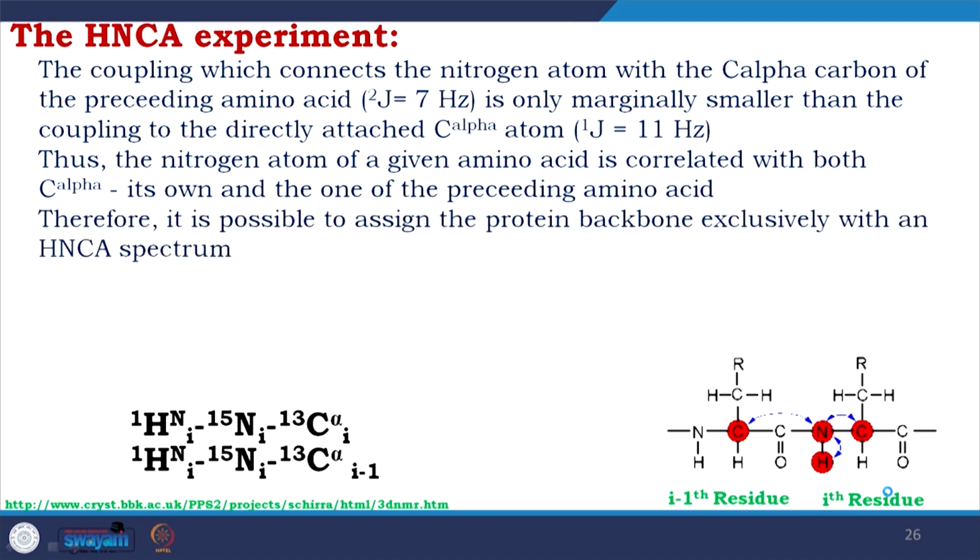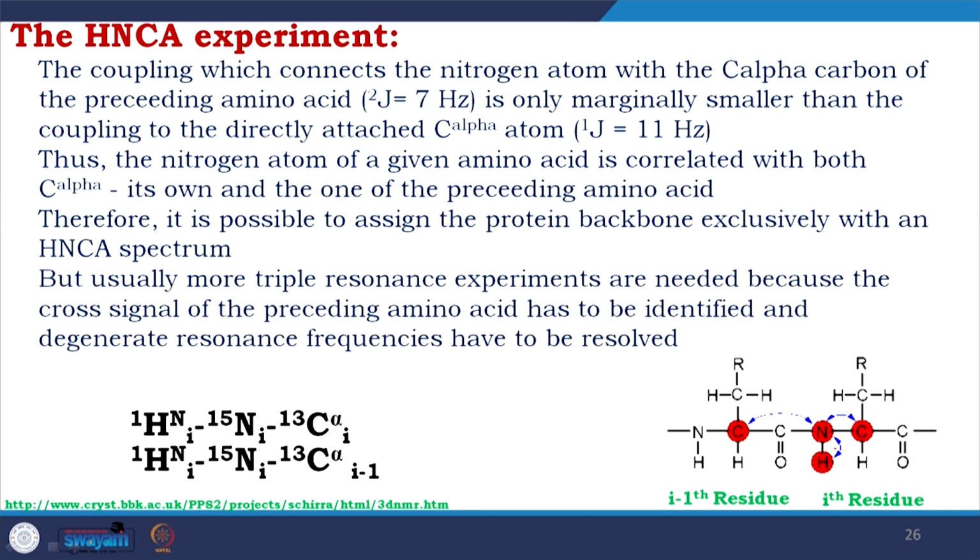Therefore, it is possible to assign the protein backbone exclusively with an HNCA spectrum. So you could correlate with the neighboring C alpha. But usually more triple resonance experiments are needed because the cross signal of the preceding amino acid has to be identified and degenerate resonance frequencies have also to be resolved.